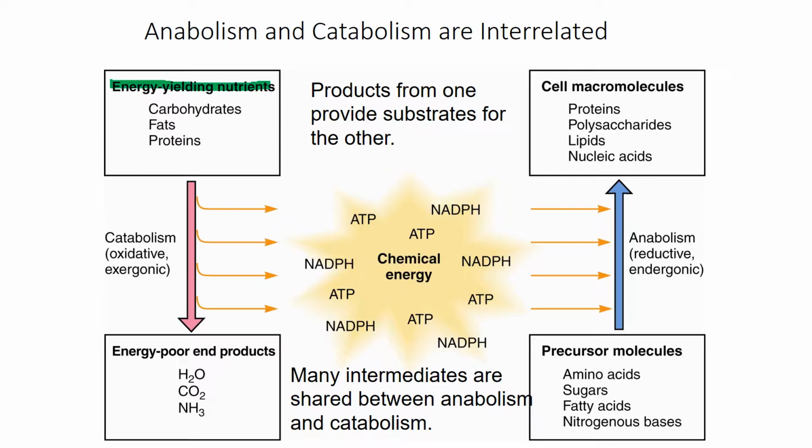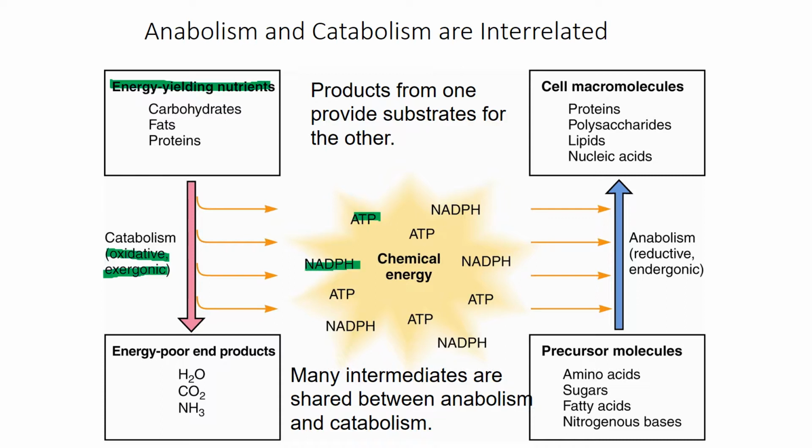We're going to look at the metabolism, both catabolism and anabolism, of these major classes of biomolecules. These molecules are going to undergo oxidative reactions. Again, here's that word, exergonic. We are producing energy, and that energy is released in the form of ATP.